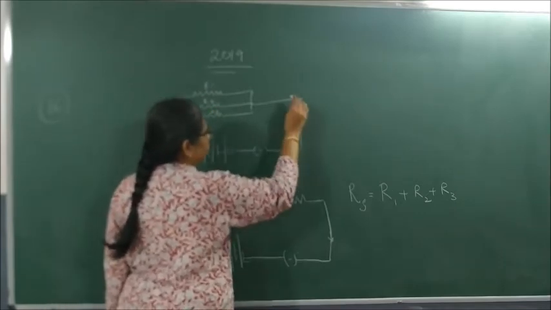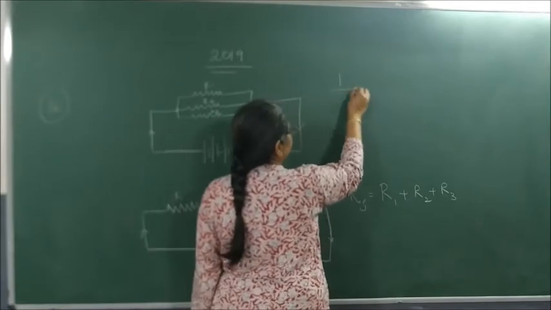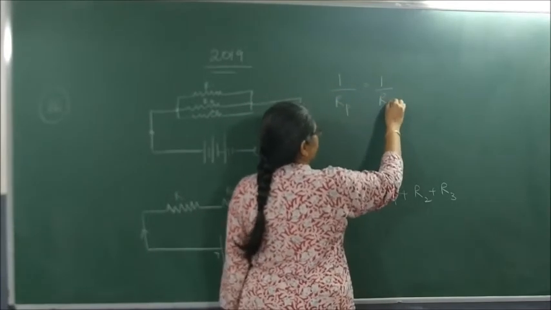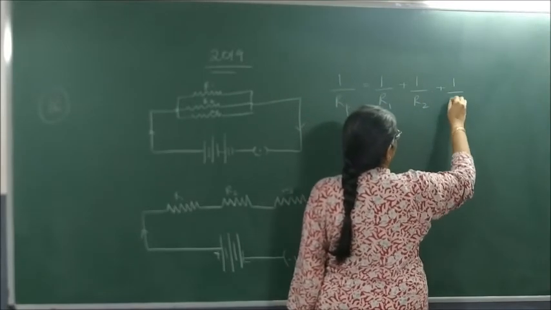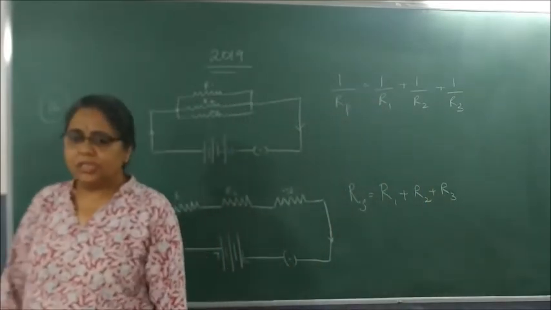Positive terminal to negative. What is our expression? 1 by Rp is equal to 1 by R1 plus 1 by R2 plus 1 by R3 is the expression when the resistances are connected in parallel.